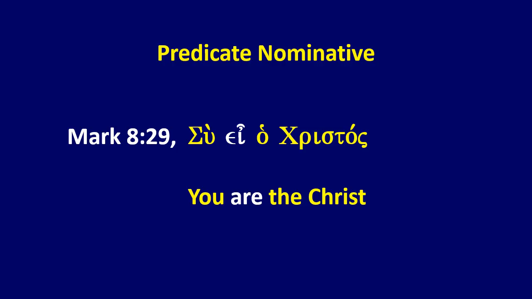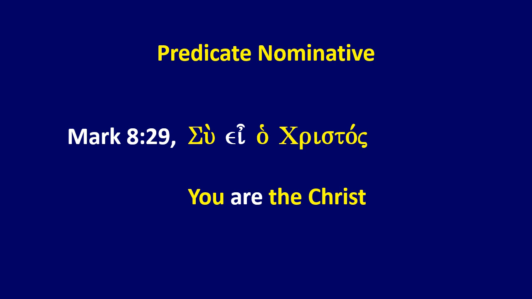Now, in some sentences, you're going to have linking verbs or being verbs, such as the word are in this case in English, or ei in Greek. And what that means is you're going to have a nominative case form of a spelling of a word on both sides of that linking or being verb. Here, for instance, you have the word for Christ, Christos, preceded by the article ho. And with the ending of Christos and the article, you know that that is in the nominative case form, just like ho nomos for the law.